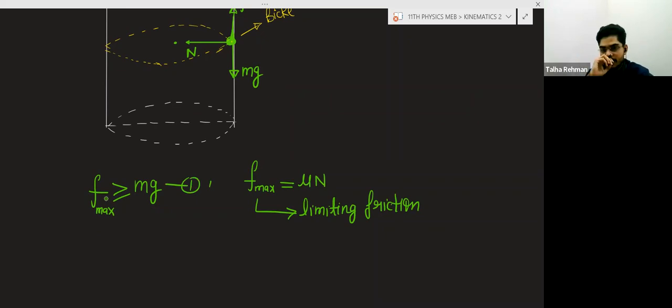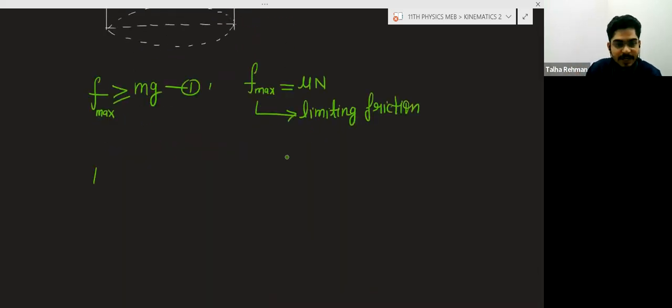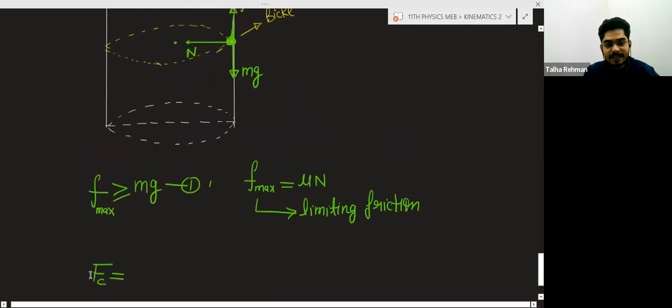Okay. Now, as this mass or this rider with bike is moving in a circular path, for the circular motion this mass requires the centripetal force. And what will be that centripetal force? That centripetal force will be the net force toward the center. What is the net force toward the center? This normal reaction.